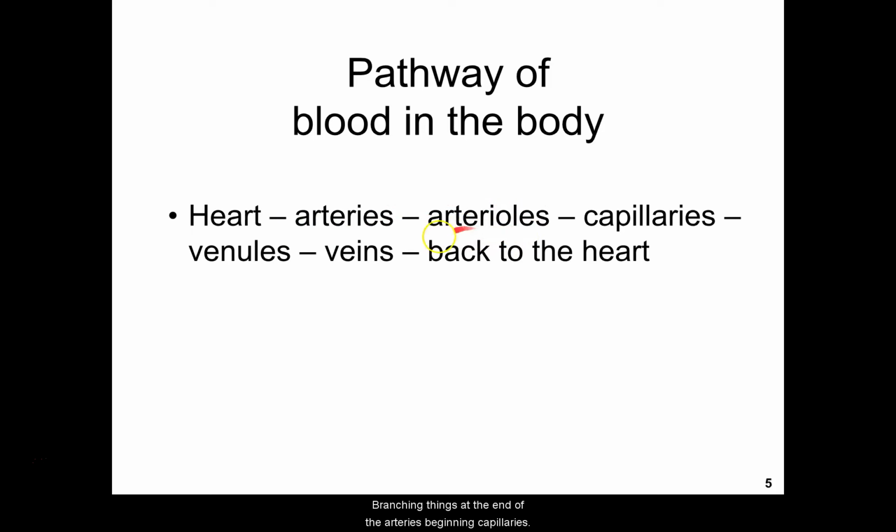These are branching vessels at the end of the arteries, at the beginning of capillaries. Capillaries are very thin structures, which is where gas exchange and waste exchange is actually going to take place. Then from the capillaries, it goes through the venules back to the veins, and then the veins return blood to the heart. Remember, via the vena cava.